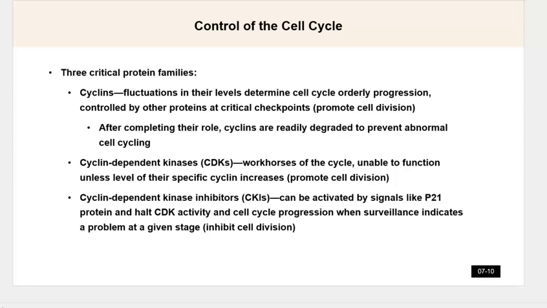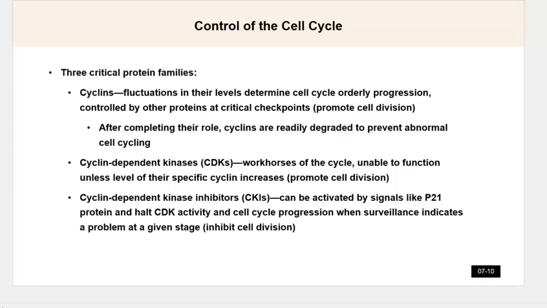Cyclins, fluctuation in their levels will determine the cell cycle's orderly progression, so moving in order, controlled by other proteins at the other critical checkpoints. After completing their role, the cyclins are readily degraded to prevent abnormal cell cycling, right? So again, they have a limited use, and when they're not going to perform well, they are degraded.